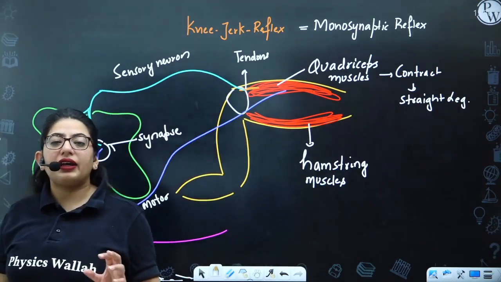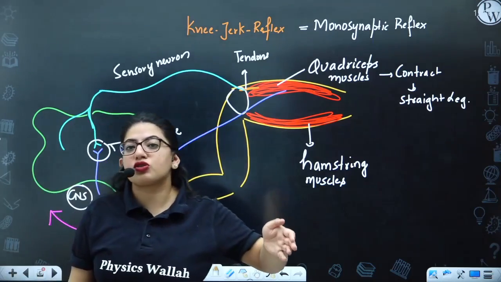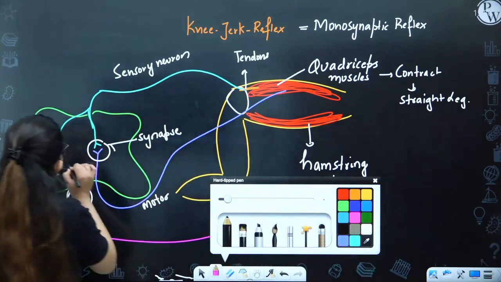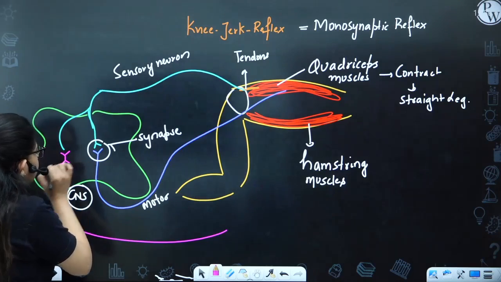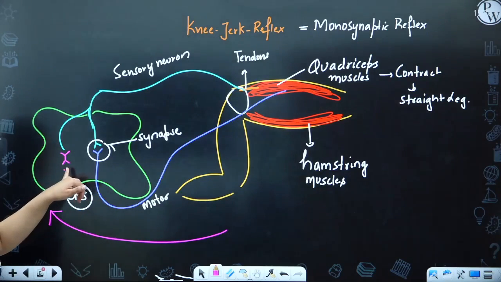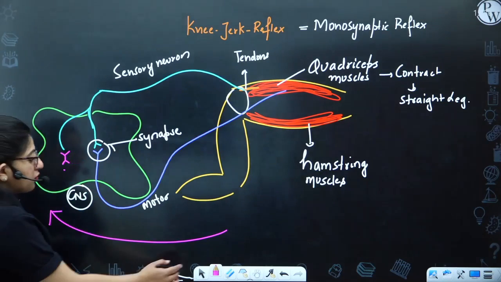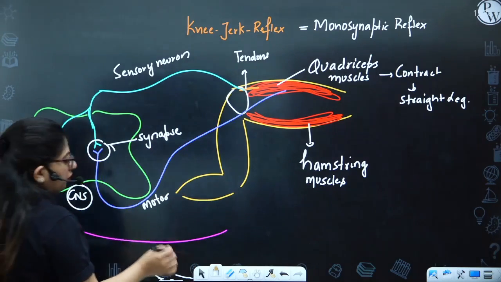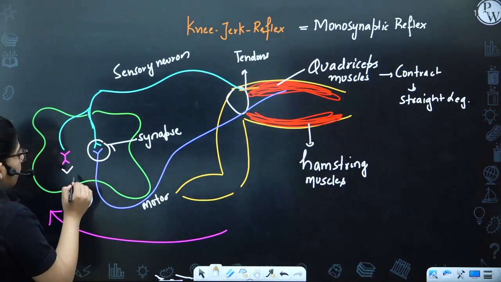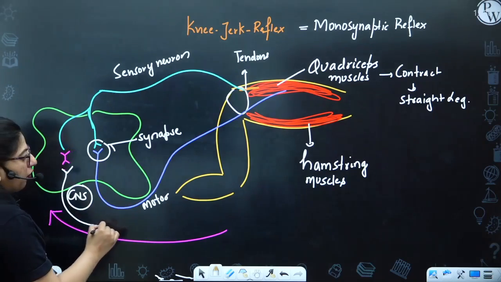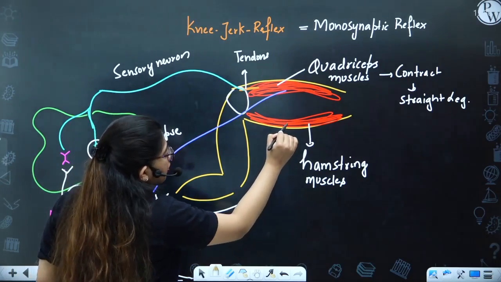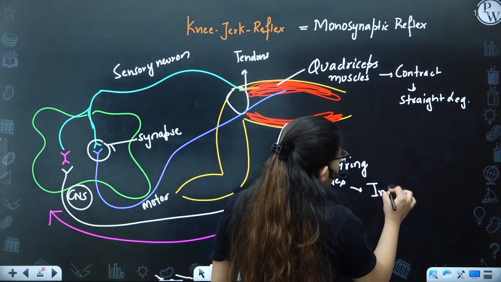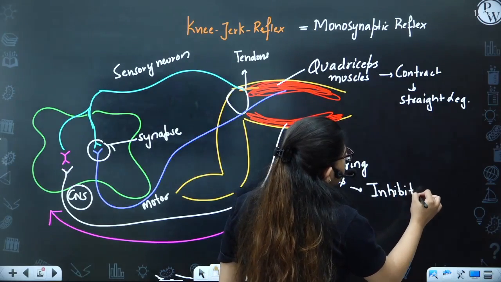Now, meanwhile here, another reflex action is also working, which involves another neuron in the central nervous system known as an interneuron. So now the sensory nerve will form a synapse with the interneuron, and this interneuron will form a synapse with a motor neuron, and the motor neuron will go to the hamstring muscle, and the hamstring muscle will be inhibited. Why will it be inhibited? Because we want to straighten the leg.